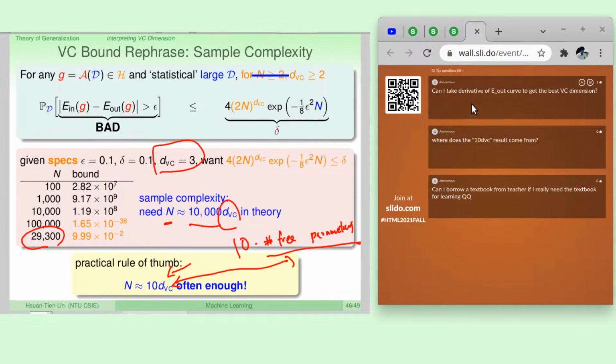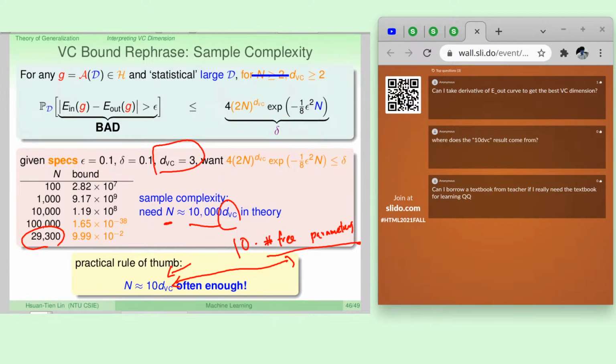Can I take the derivative of the Eout curve to get the best VC dimension? That's a very interesting thought. Several things here. First, that particular curve is not analytically calculated, and in practice you only have some points on that curve, so it would be hard to take the derivative.